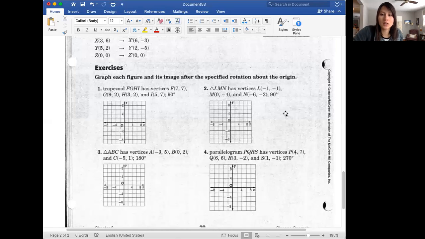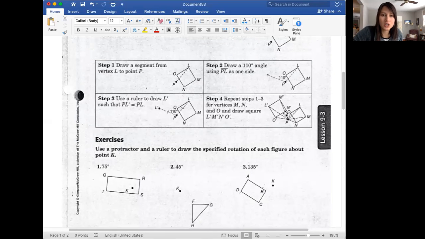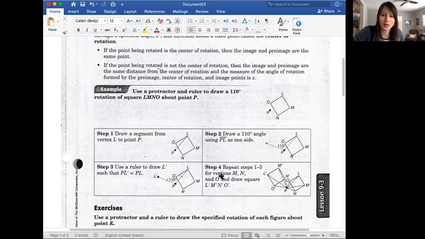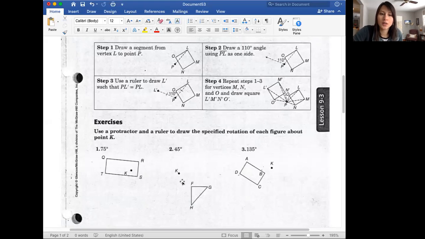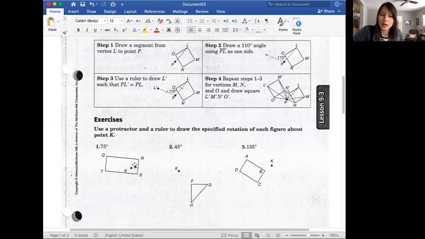Now, on your study guide, there is a first section that basically talks about how to freehand draw rotations. It gives you a step-by-step process on how you would draw a rotation using a protractor and a ruler, and figuring out how to rotate this at 75 degrees, 45 degrees, or 135 degrees.